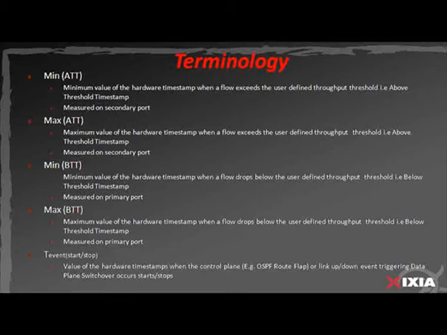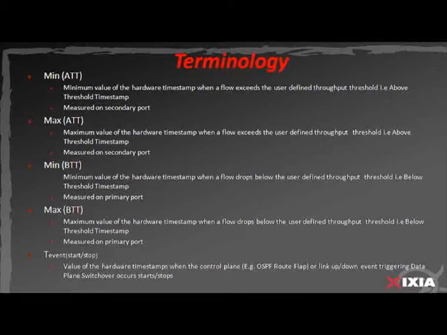Before getting into details on TrueView convergence with the help of a detailed example, I'd like to explain some terminology. Certain terminologies you will see used through the remainder of this tutorial are indicated in this slide. The first is min-ATT. This is the minimum value of the hardware timestamp when a flow exceeds the user-defined throughput threshold, that is the above threshold timestamp.